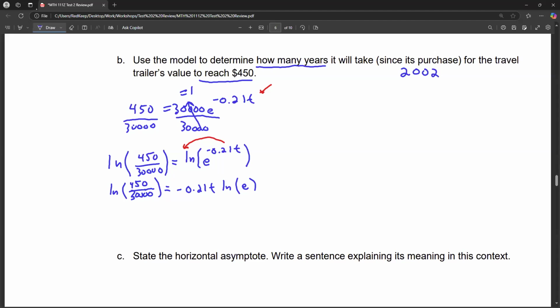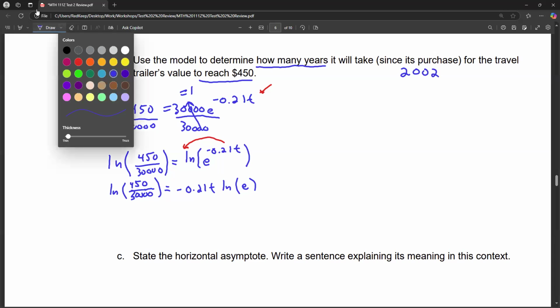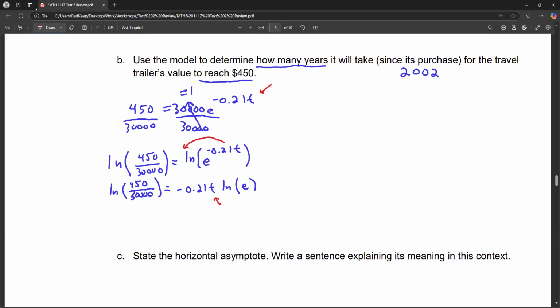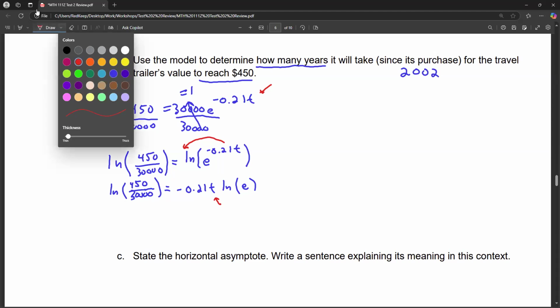Okay, so on the right-hand side, we have our t value. This is awesome. T is now on the outside of the exponent, so we can go ahead and solve for it like we always would with these variables. T is being multiplied by negative 0.21 and the natural log of e.